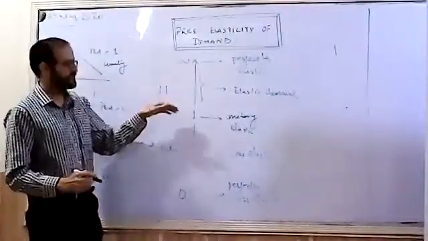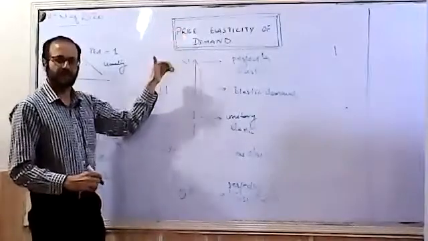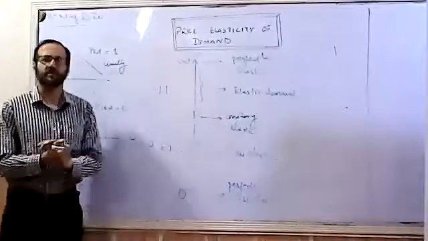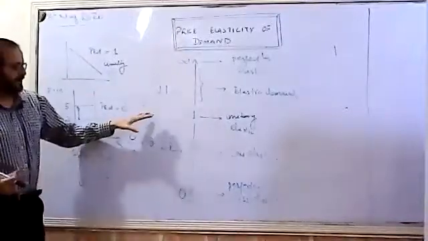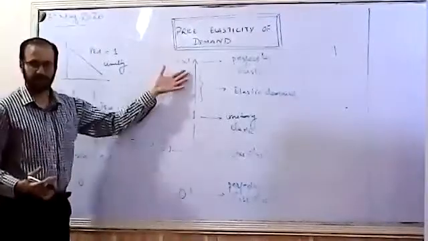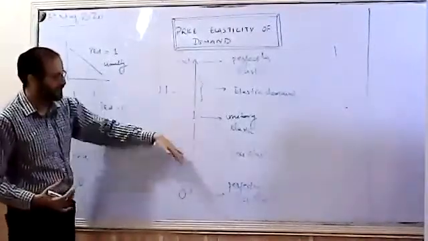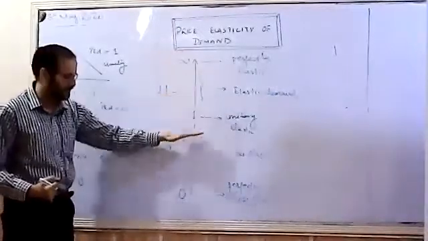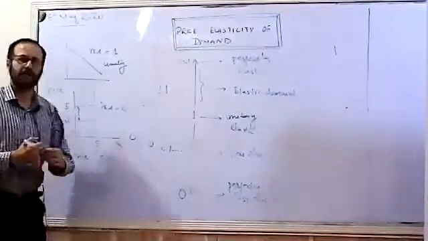And if it is increasing from 1 to infinite, or from 0 onward, it means the elasticity value is increasing. So increasing elasticity moves to this side, and decreasing elasticity is on the lower side.